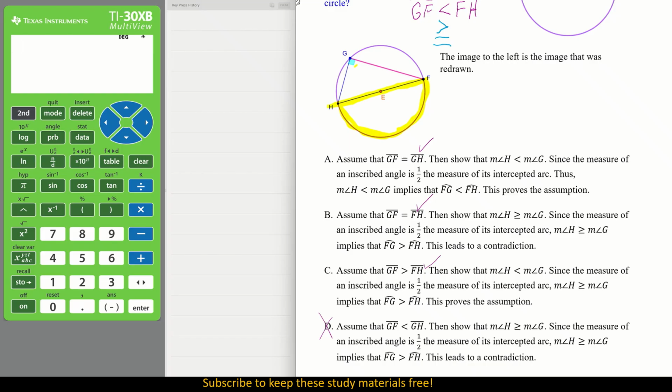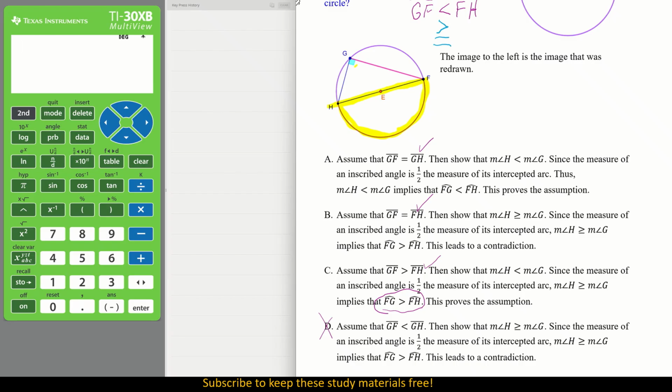That would all be a contradiction because look at what it's saying here. It's saying that arc FG, I'm sorry, it's not an angle, it's an arc, is greater than the FH that we had just talked about being 180. They're saying that this shorter arc is greater than 180.